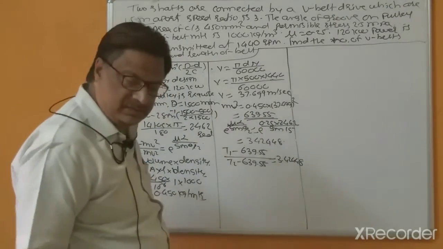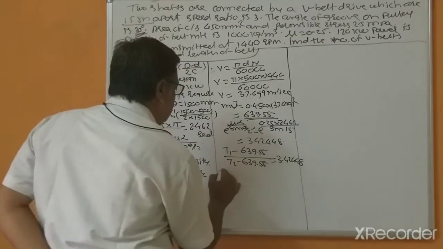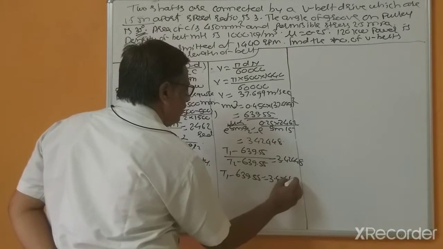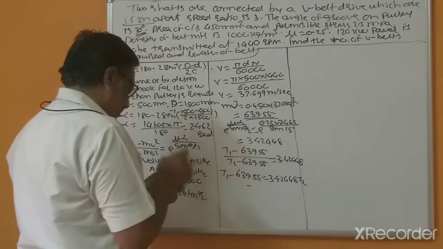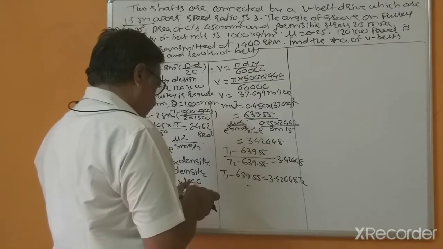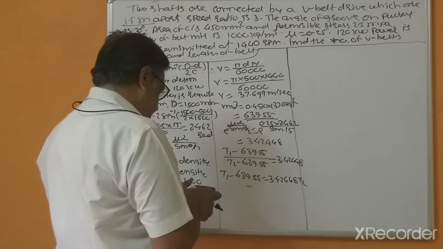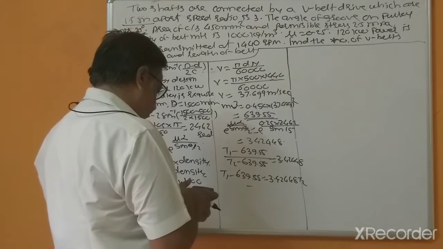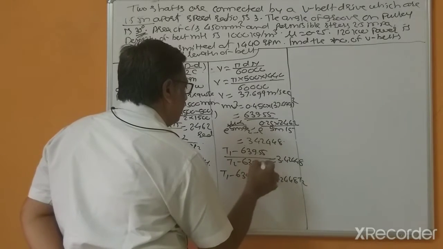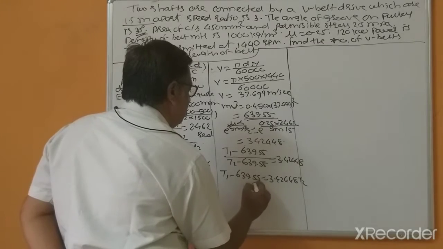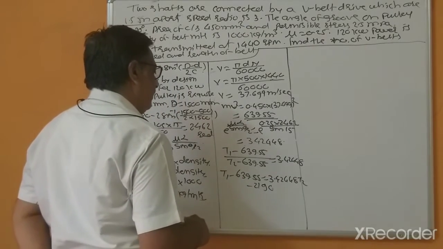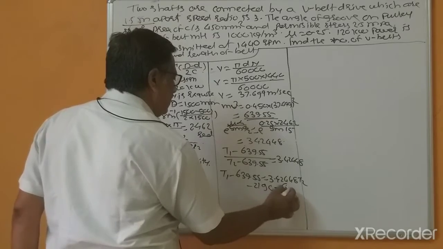Now cross multiplication: T1 minus 639.55 equal to 3.42448 T2 minus 3.42448 multiplied by 639.55, this is equal to 2190. Now T1, this is the first equation.